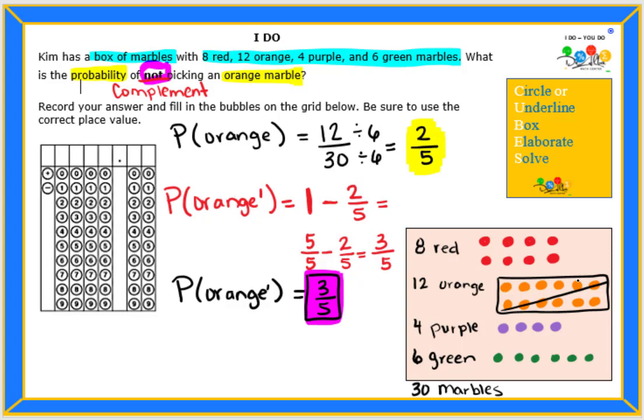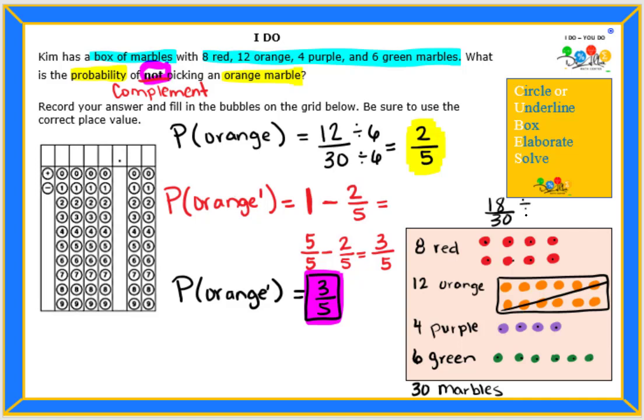So we don't want orange. We will count all the ones that are not orange. 1, 2, 3, 4, 5, 6, 7, 8, 9, 10, 11, 12, 13, 14, 15, 16, 17, 18. So we have 18 marbles that are not orange out of a total of 30 marbles.